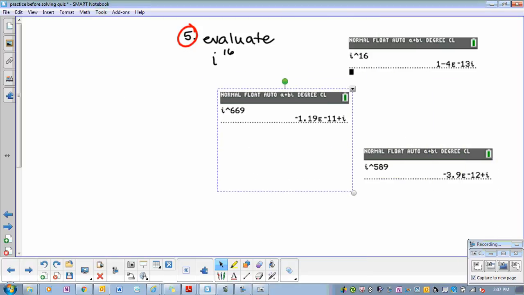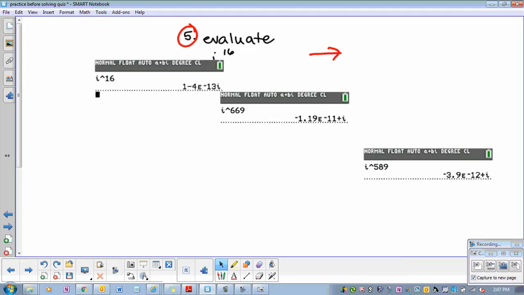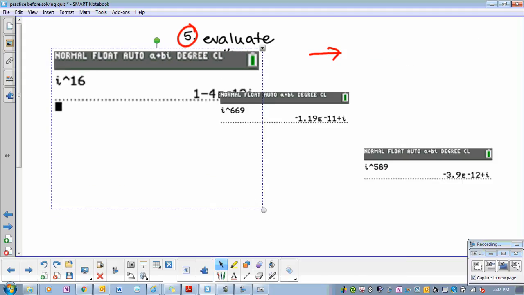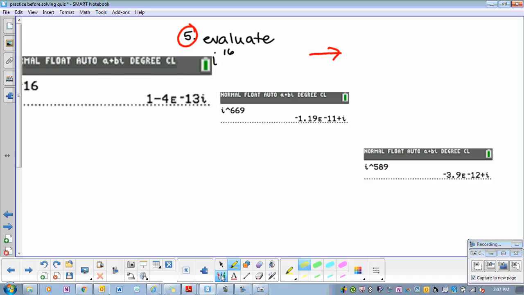All right. So, here's what we need to do. For the i to the 16th power, you guys see an E here. I'll make this one bigger and then I'll check it down. So, you see an E there, right?